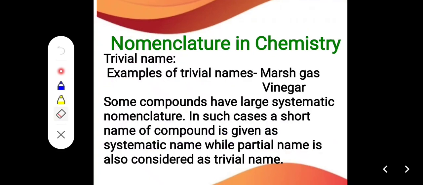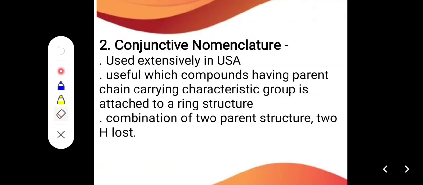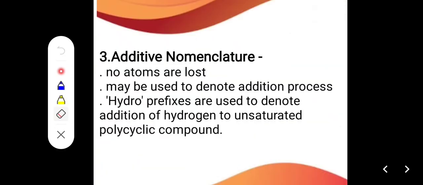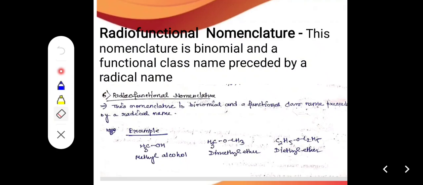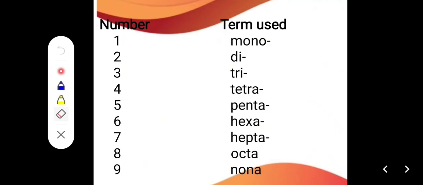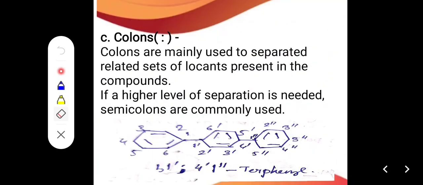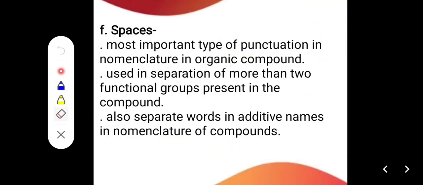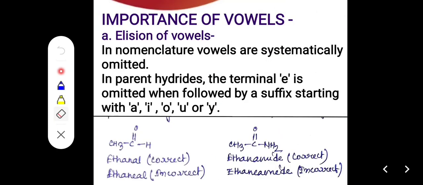Before that, over the lecture we considered nomenclature in chemistry: substitutive nomenclature, conjunctive nomenclature, additive nomenclature, replacement nomenclature, subtractive nomenclature, radicofunctional nomenclature, locants, general nomenclature, prefixes, the prefix bicyclo, commas, colons, hyphens, full stops, spaces, examples, and then italicization in nomenclature, words and syllables, and the importance of vowels.